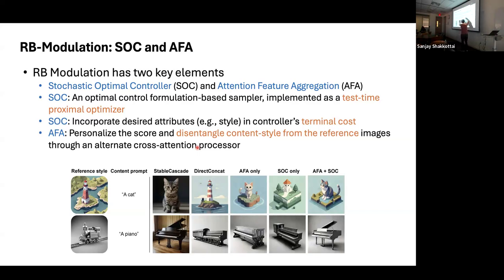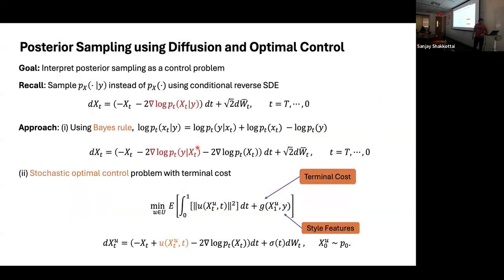If you use just the optimal controller, you get this image. So it turns out you need various things working together to get what you want. I don't want to talk about this part because I'd have to go into the architecture, but this pipeline was generating not just these images but many more in production, and it is actually being productionized.